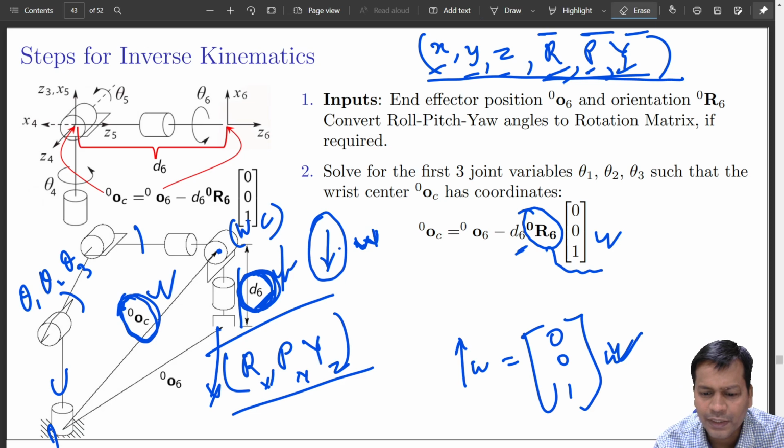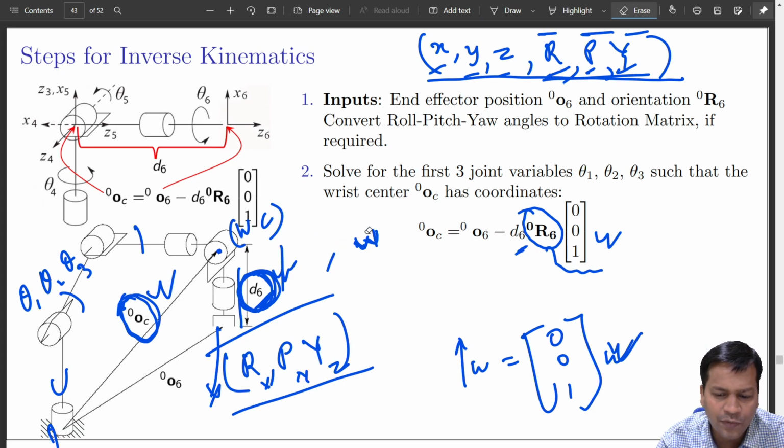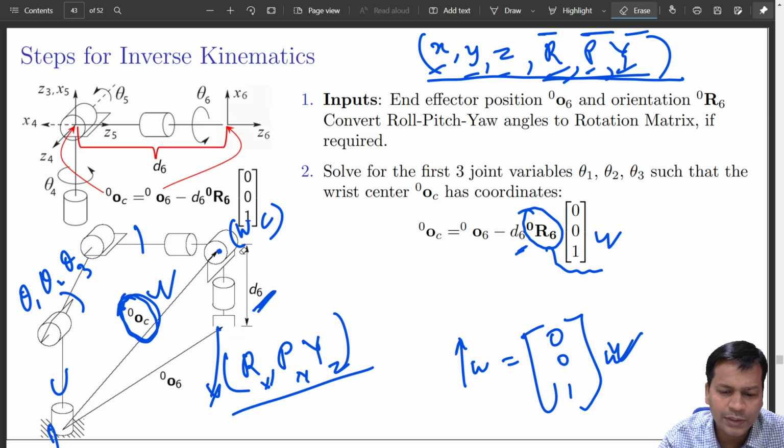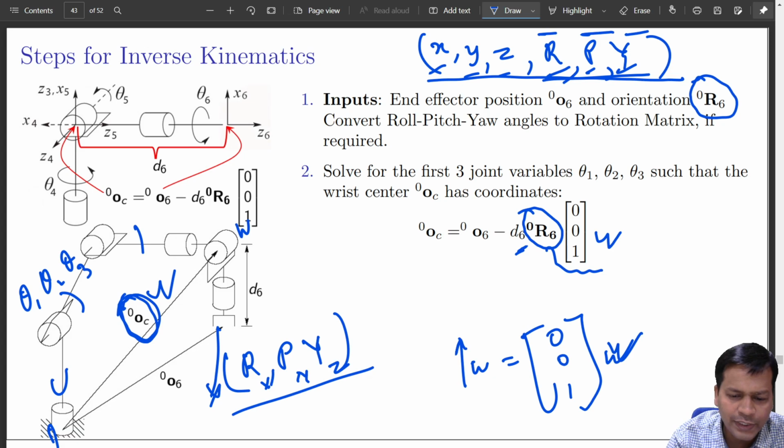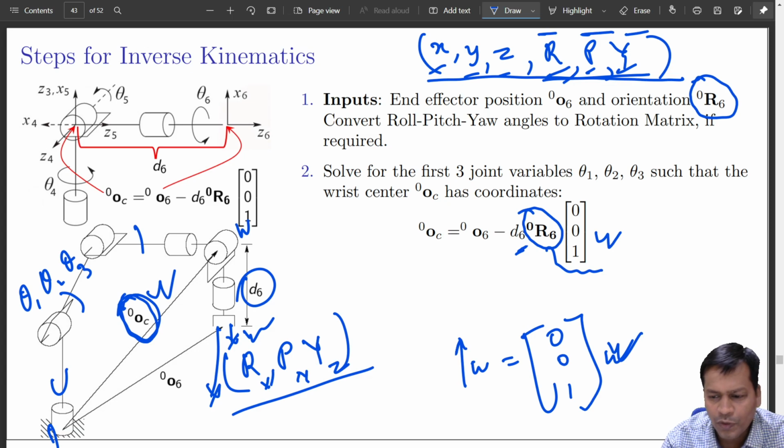You can rotate a vector using your rotation matrix. If this is your rotation matrix, you already know your vector. This effectively is the Z axis, which is pointing like this. Initially it was 0, 0, 1 because it is pointed towards the Z axis.